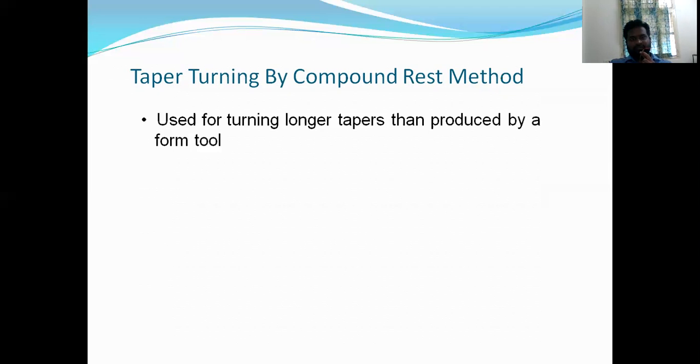So we get only that much taper shape, and it is used only for short length tapers. If you want to produce long tapers, we go to other methods. One of them is the compound rest method, which is used for longer tapers than those produced by a form tool.